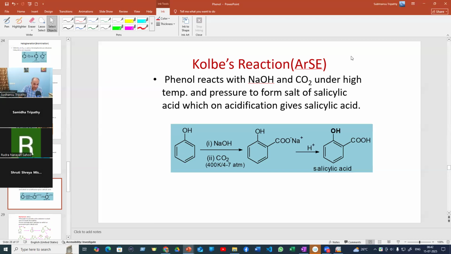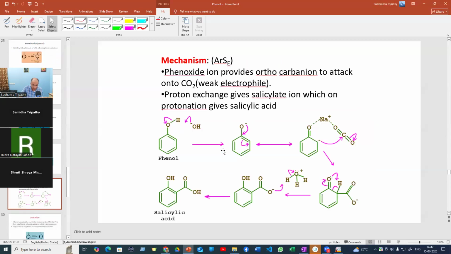This is ArSE. I've shown you the mechanism here. Now, this is the electrophile: carbon dioxide, all acidic oxides are Lewis acids and hence electrophiles.